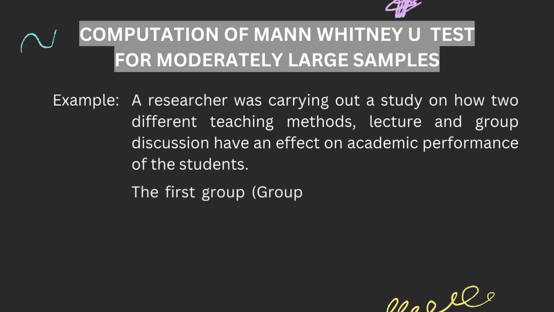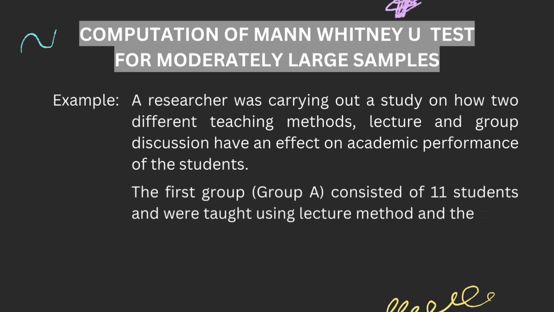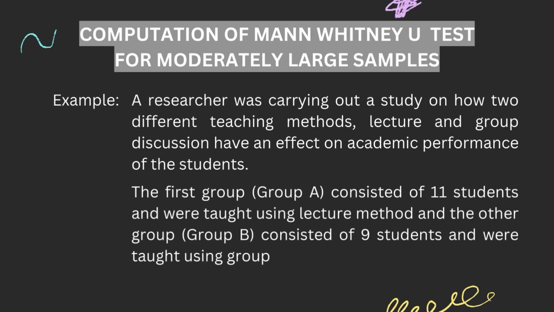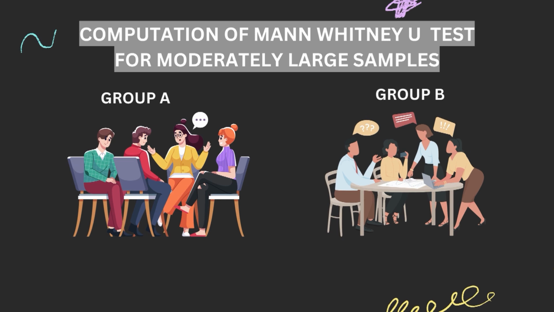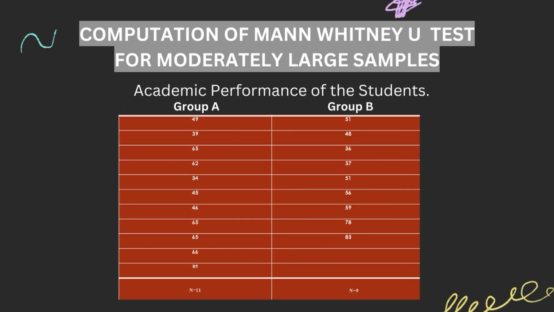The first group, group A, consisted of 11 students and was taught using the lecture method, and the other group, group B, consisted of 9 students and was taught using the group discussion method. The data obtained is given in table number 1.3. So, let us go through this table 1.3.